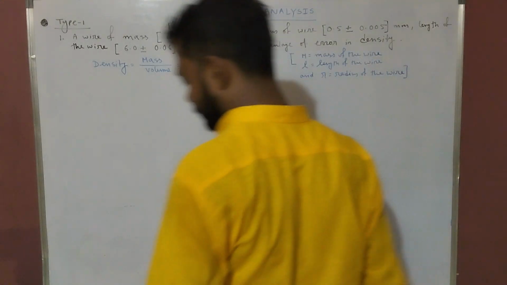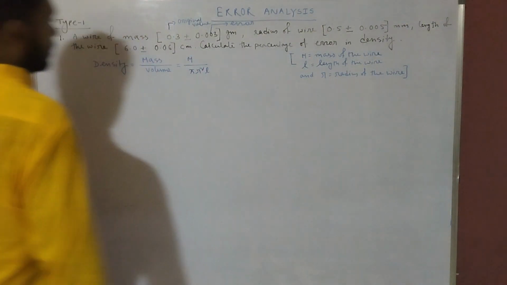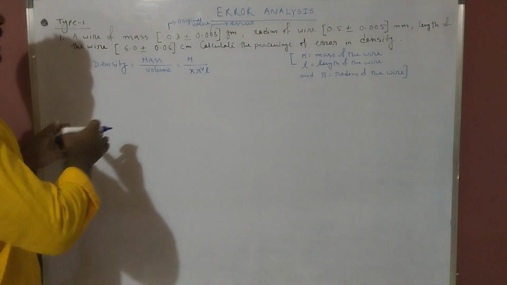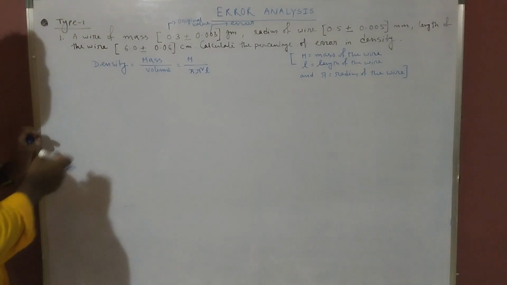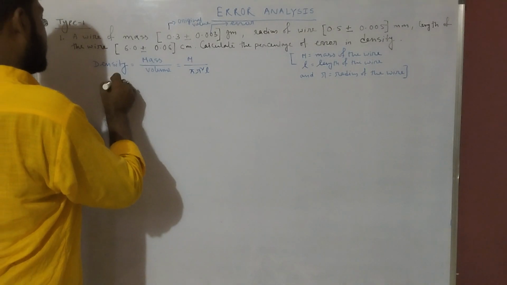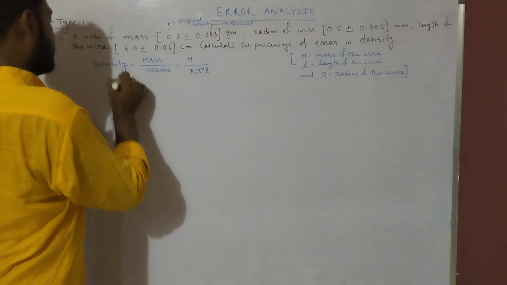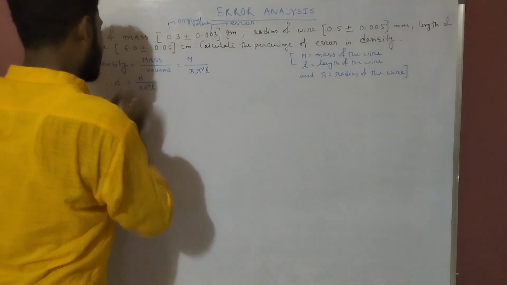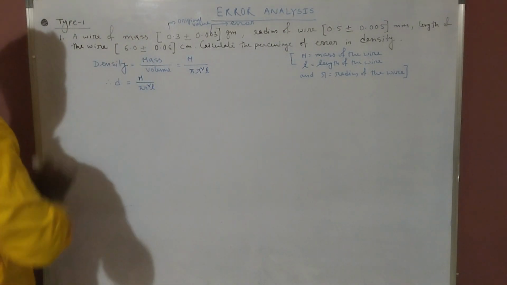Understood or not? Now you have to take log in both sides. So you can write, suppose density D, let density D is equal to m by pi r square L. Density is denoted by D.